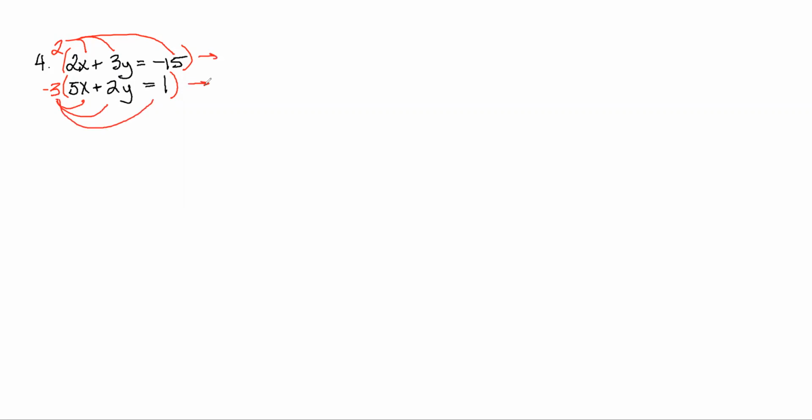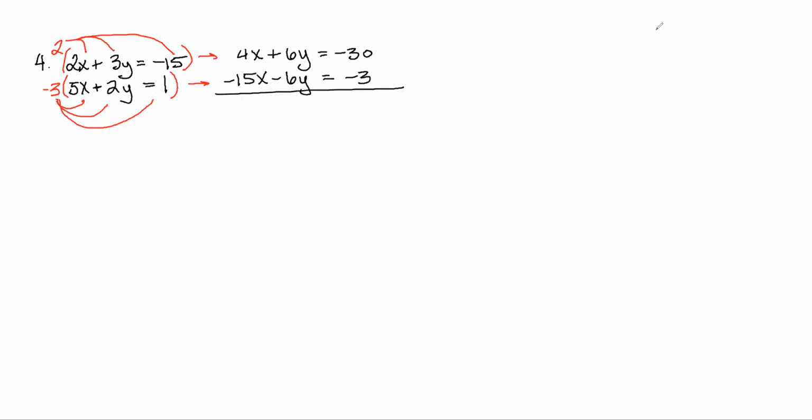And then again, I'll rewrite them off to the right. So we get 4x plus 6y equals negative 30. And then negative 15x, negative 6y equals negative 3.